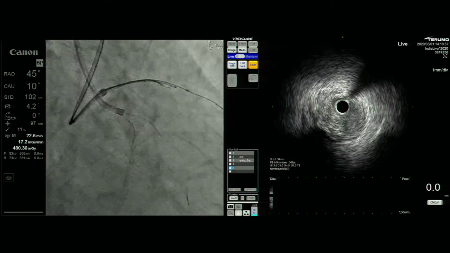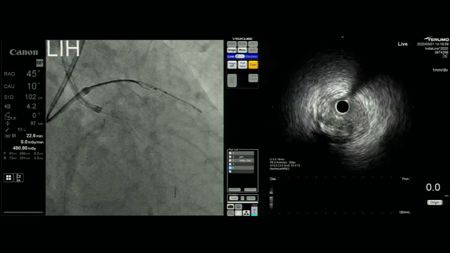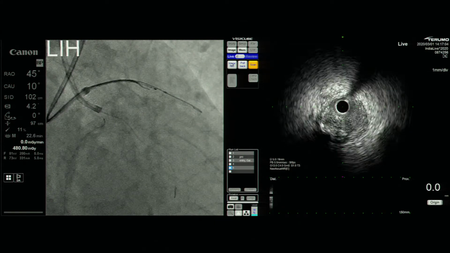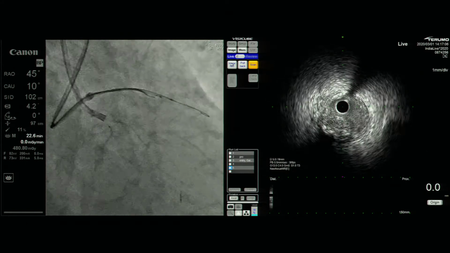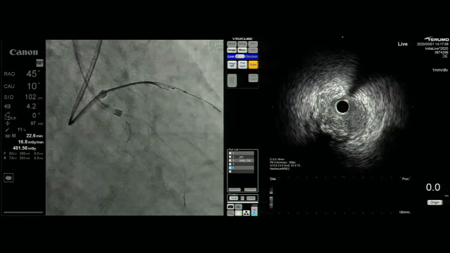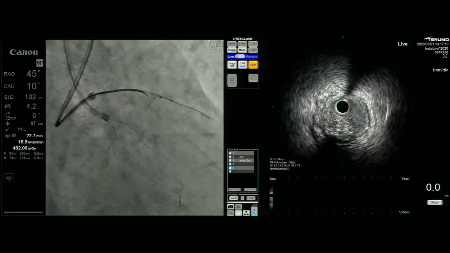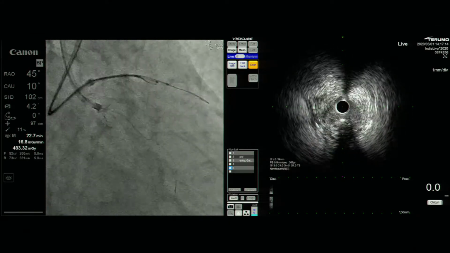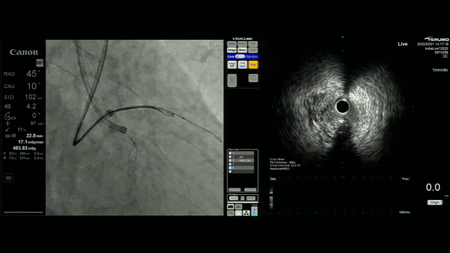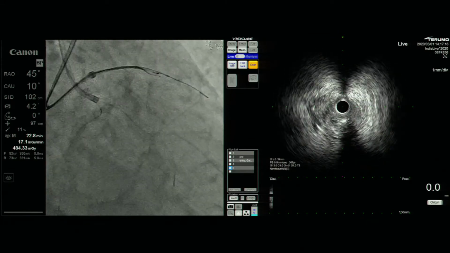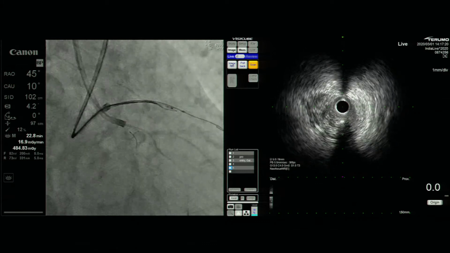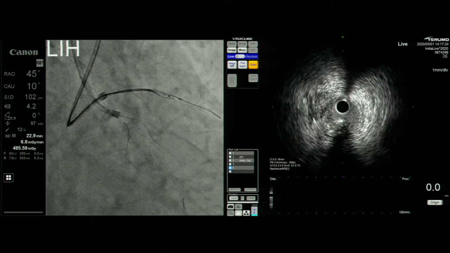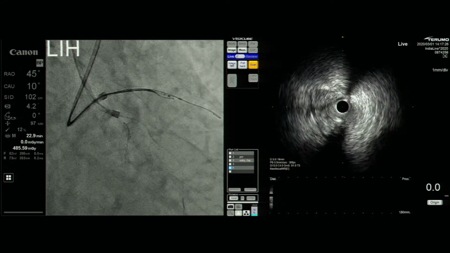So now the tip of the Corsair is in the true lumen. Now the second wire, at 6 o'clock, is still inside the intima.